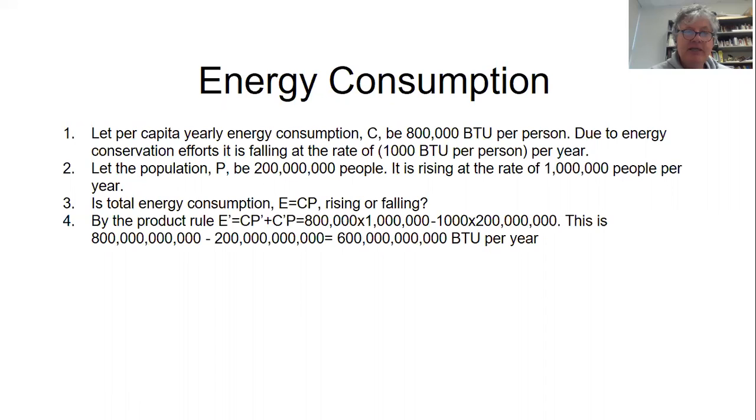And so we see that the effect of the population rising is to add 800 billion BTUs per year. The effect of the energy conservation efforts is to drop energy consumption by 200 billion BTUs per year. So overall, energy consumption is going up 600 billion BTUs per year. So the energy consumption is rising. So the population increase is overpowering the energy conservation efforts.